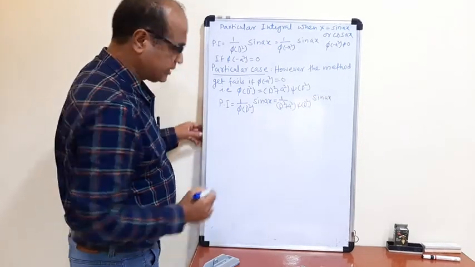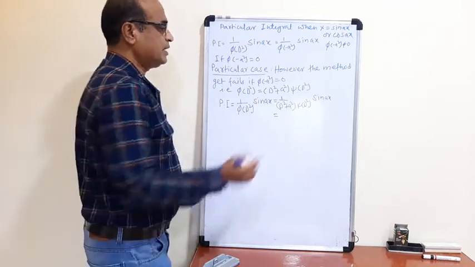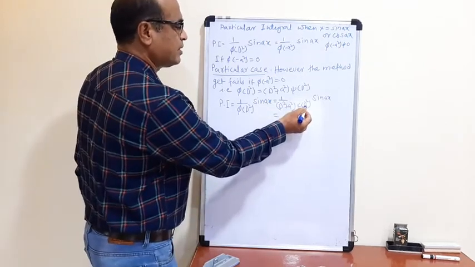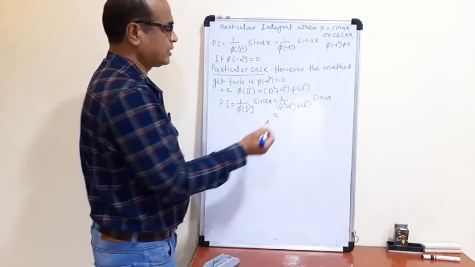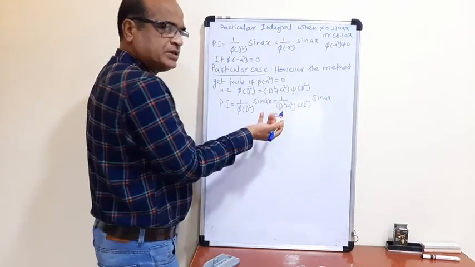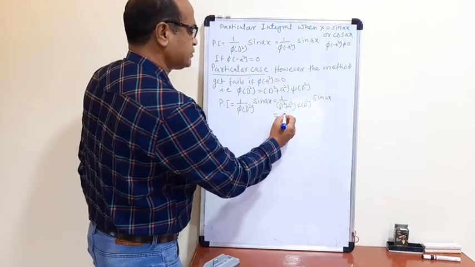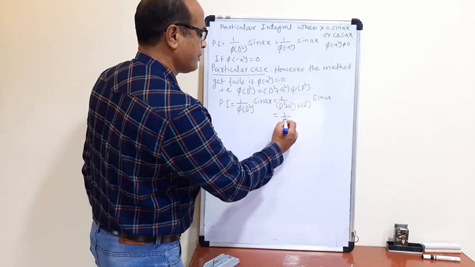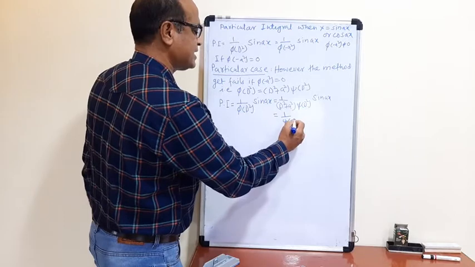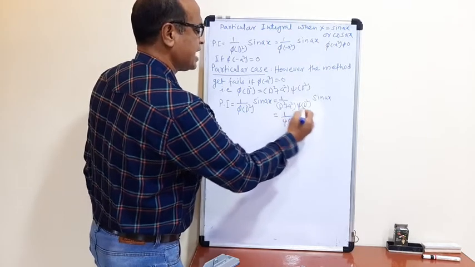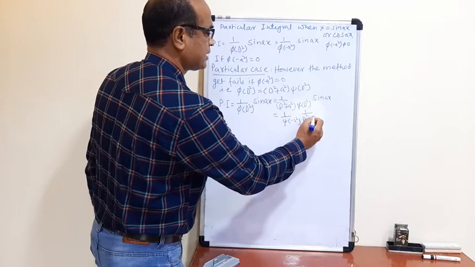Now we can't put D square equal to minus a square there, because minus a square plus a square is 0. So we put D square equal to minus a square only in psi. So this is 1 upon psi of minus a square, and this stays as it is: 1 upon D square plus a square, sin x.